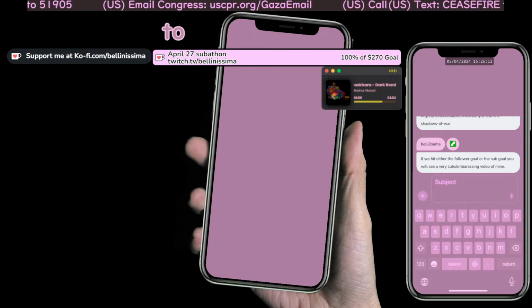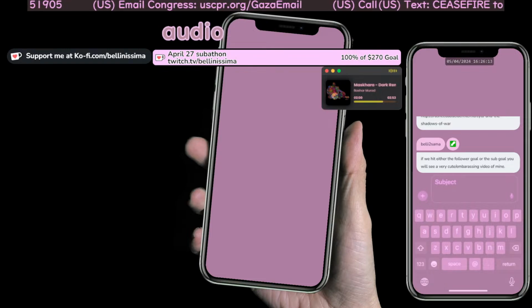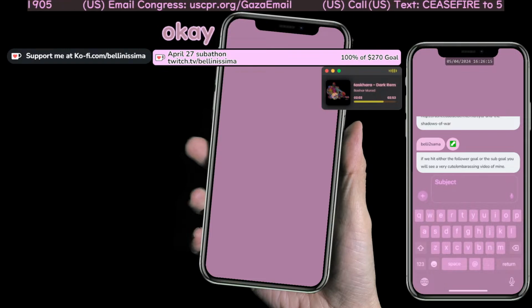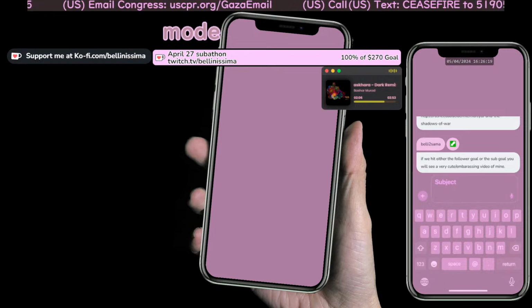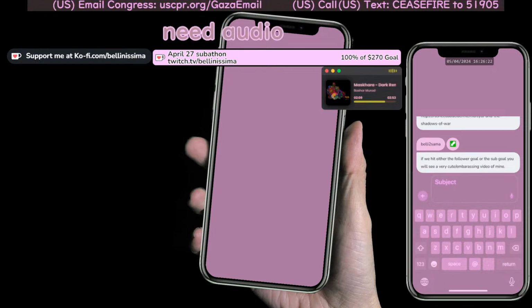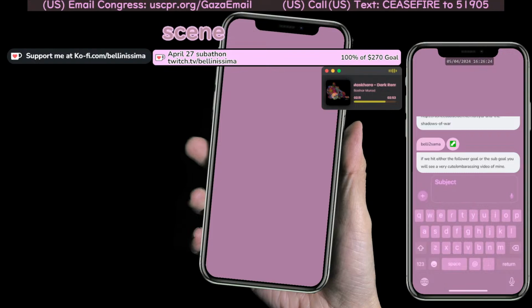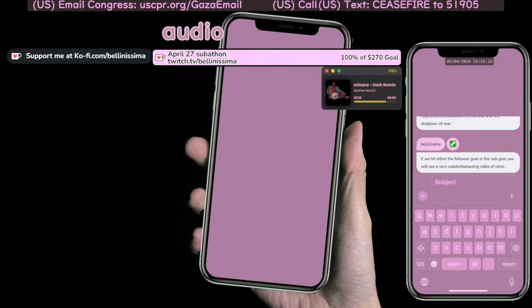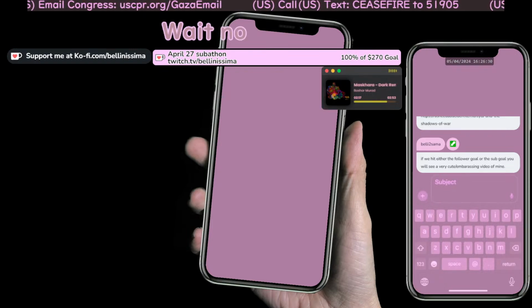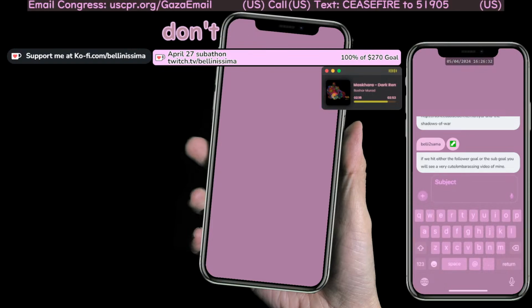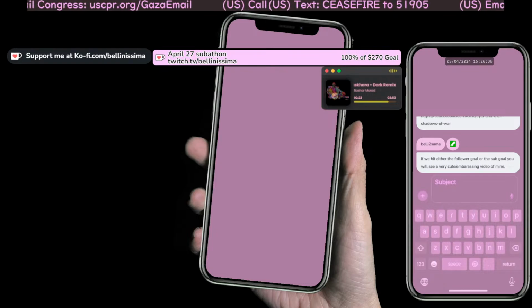Do I need to add that as an audio source situation? Okay. Studio mode. Then I need audio. I need the audio scene. I need the audio, nested audio. Wait, no, I don't. Okay, wait.